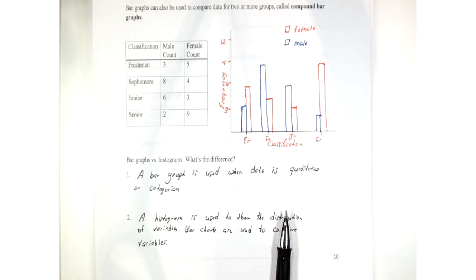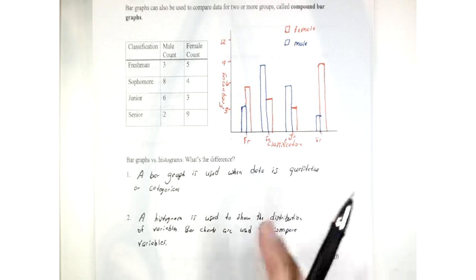So, the next one we're going to talk about is called a Pareto chart. You probably never heard of that. I had never heard of it until 2 years ago. So, a Pareto chart is used to represent a frequency distribution for a categorical variable where the frequencies are displayed from highest to lowest.